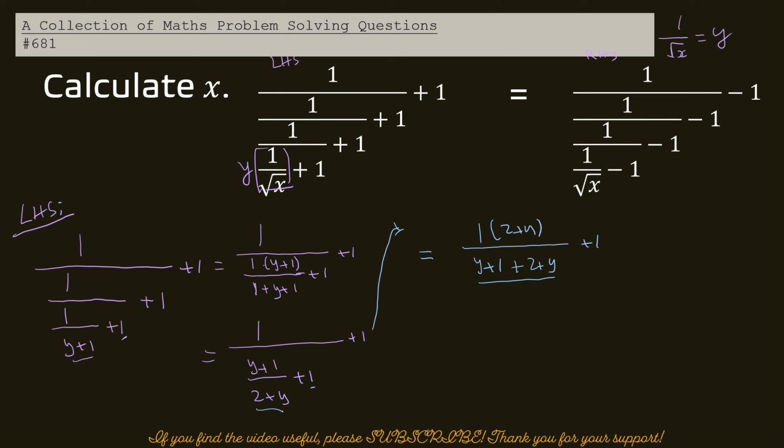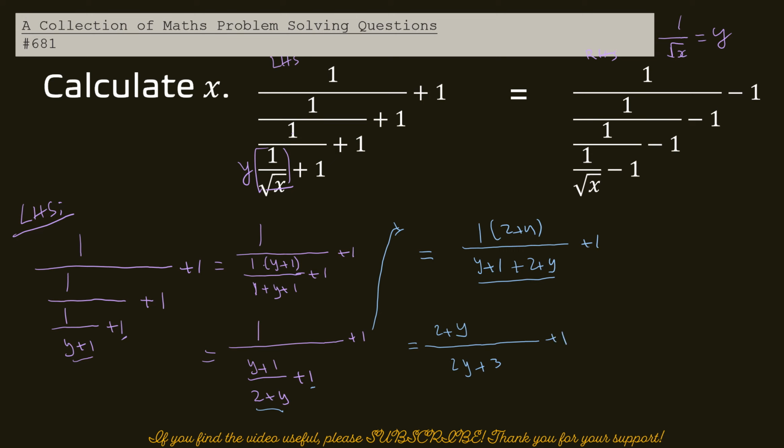So that would give me 2 plus y divided by 2y plus 3, and plus 1.